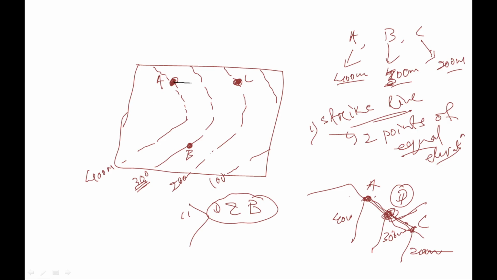Join AC, and I have to find the midpoint. Why? Because A has 400 meter value, C 200 meter value. There is a 200 meter gap. I have to find a point which is just in between.